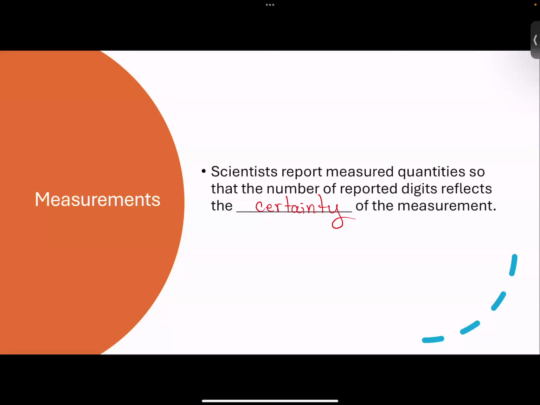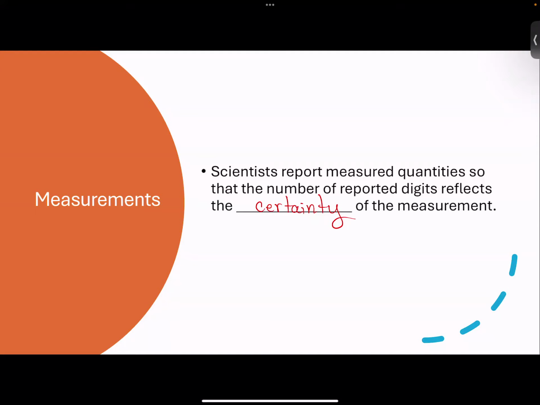This certainty, folks, it tells me how good the instrument is. Am I able to only measure to 1 decimal place? Or can I measure to 2 decimal places? If I can measure to 2 decimal places, I'm going to get better data.